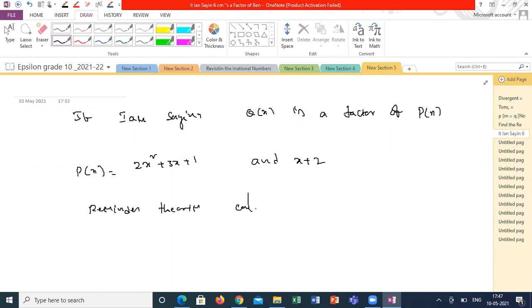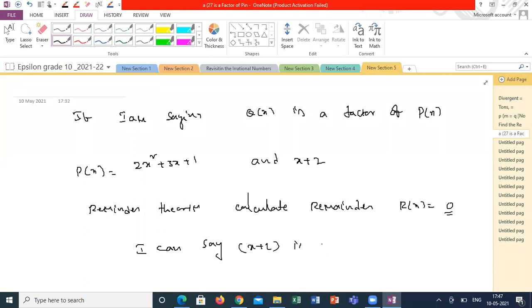Calculate the remainder. If the remainder is 0, I can say x plus 2 is a factor. Check whether x plus 2 is a factor or not.